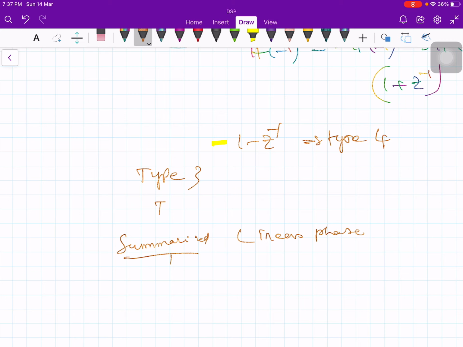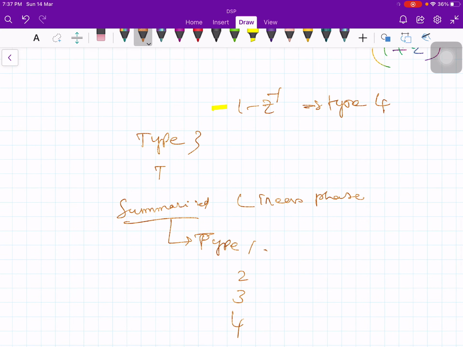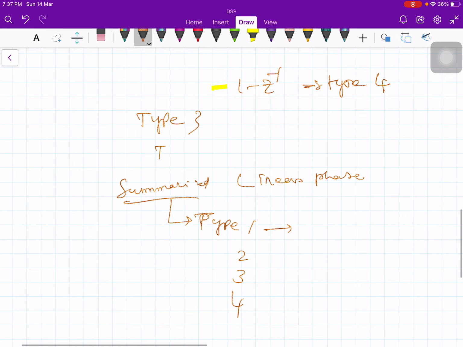In this we said there are 4 types, type 1, 2, 3 and 4, and type 1 is the most versatile filter. All kinds of filters can be designed using type 1 filter. All types can be designed means what?